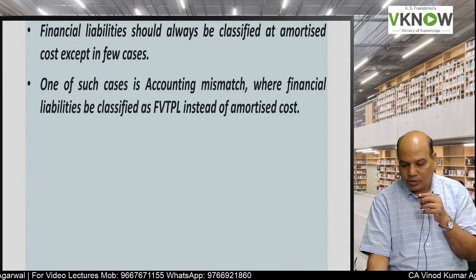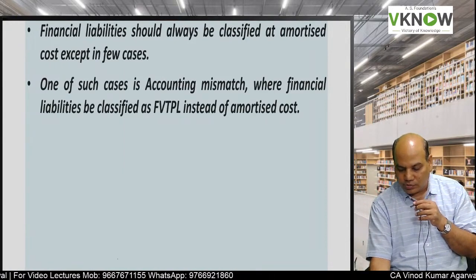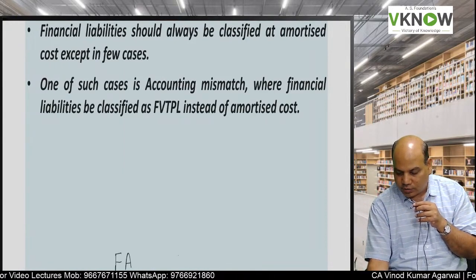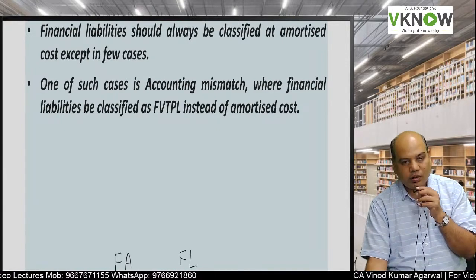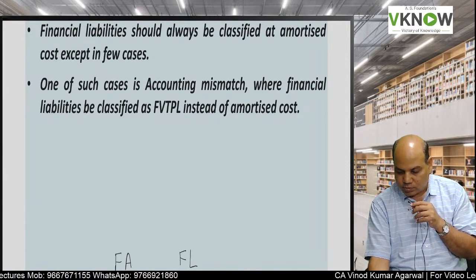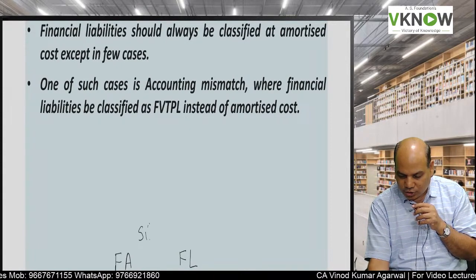Next is accounting mismatch. Accounting mismatch means you have financial asset, you have financial liability. Suppose there is a company called Silicon Valley.